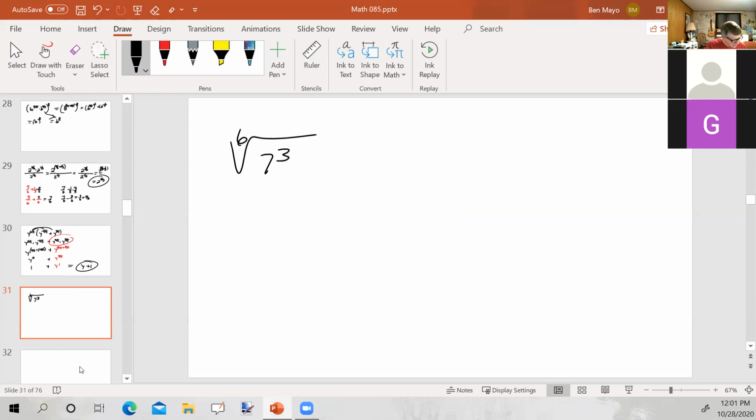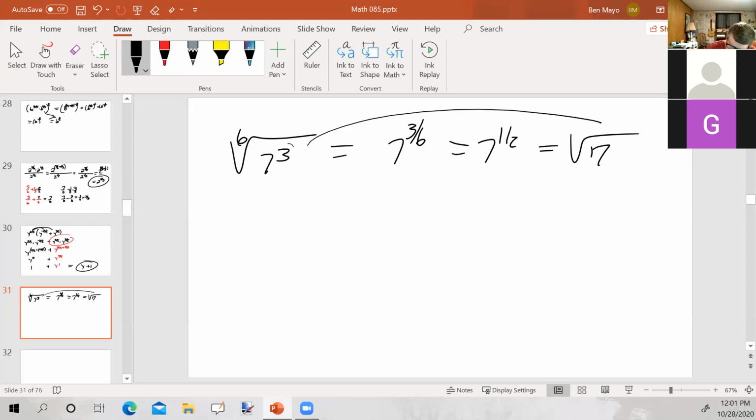Use rational exponents to simplify each radical. What they want you to do is take this radical, change it into exponential form, simplify it, and then change it back into radical form. Ultimately, when you're comfortable with it, you could go straight here, because what's 3 divided by 6?